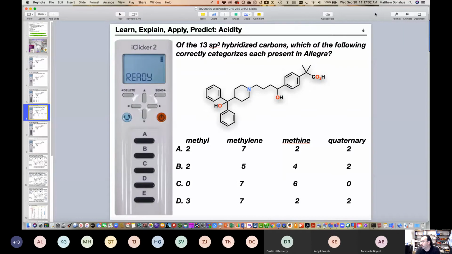So I'm seeing the majority of responses is A. So let's go ahead and count those. So methyl. A lot of organic chemistry is like, if you've ever listened to Richard Feynman, who won a Nobel Prize in physics, he talks about the difference between describing something and knowing something.